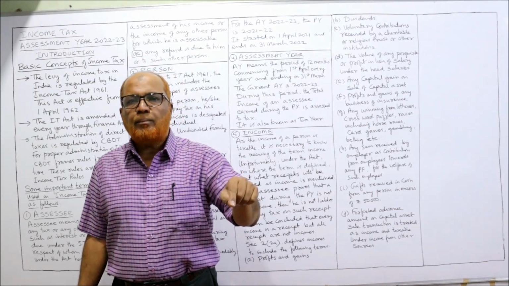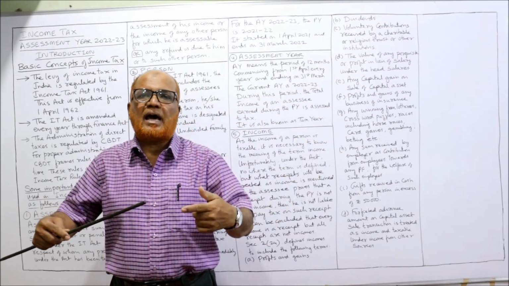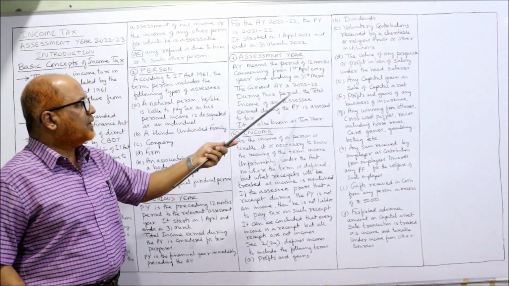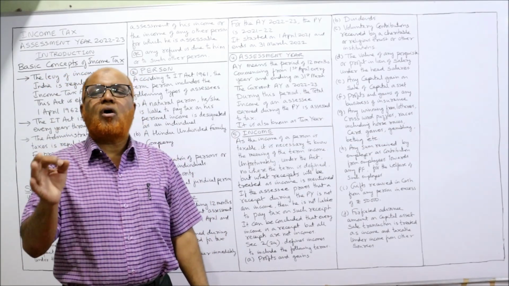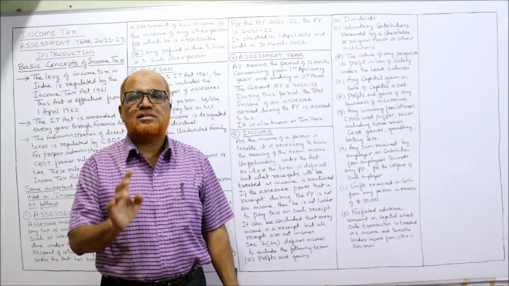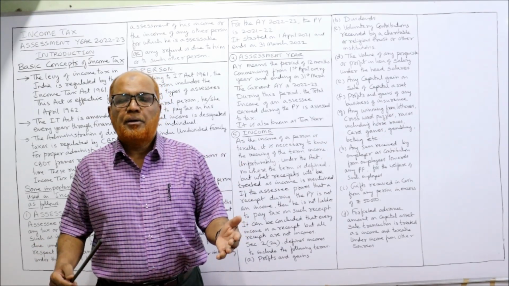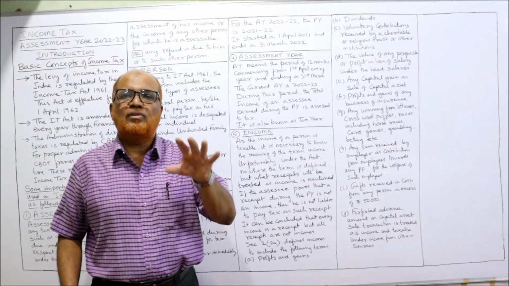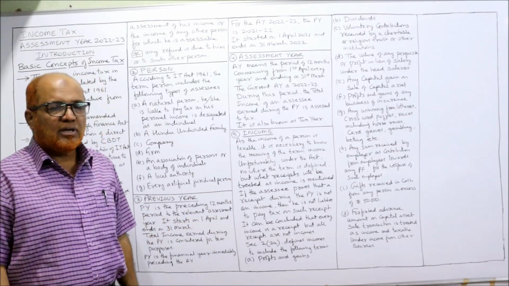The income earned by the assessee during the previous year will be assessed to tax during the assessment year. During this period, the total income of an assessee earned during the previous year is taxed. That's why we call the assessment year the tax year and the previous year the income year, because we implement the tax in the assessment year. That's it.